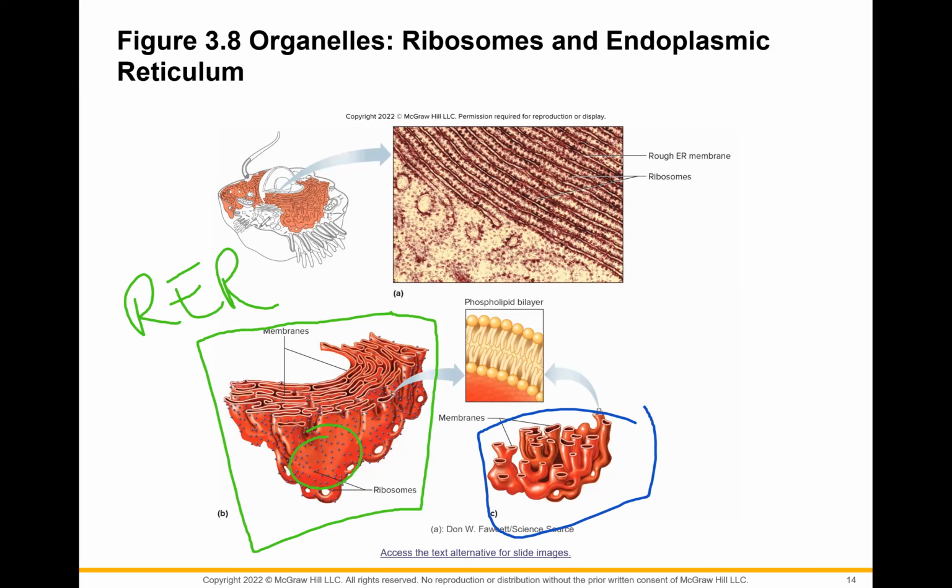And like I said, ribosomes can also be found freely within the cell, but they can be bound to the rough ER, and they're going to help with protein synthesis. Versus the smooth ER has no rough-like appearance to it. It's smooth like butter. And this one's going to aid in lipid or fat synthesis.